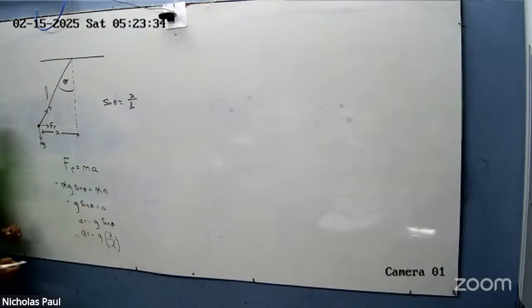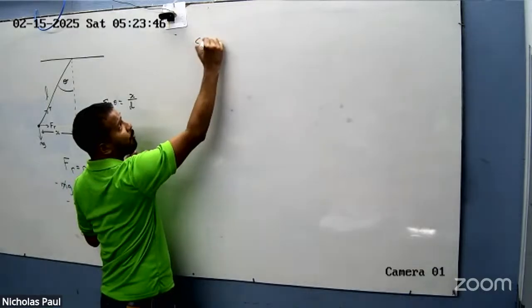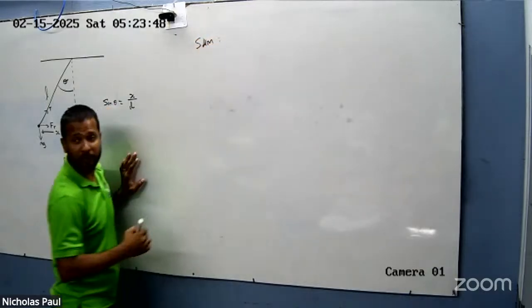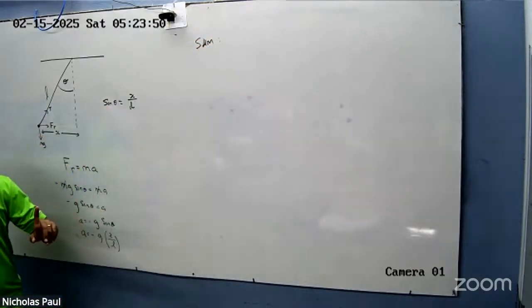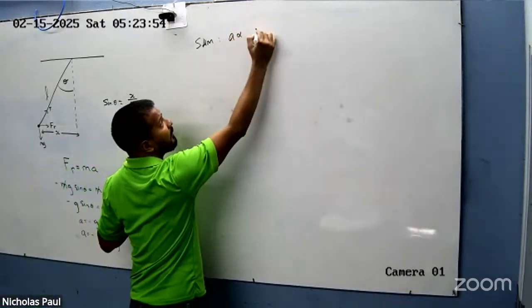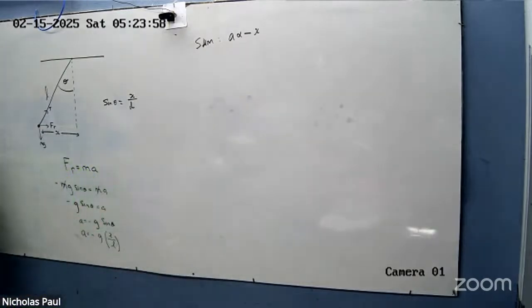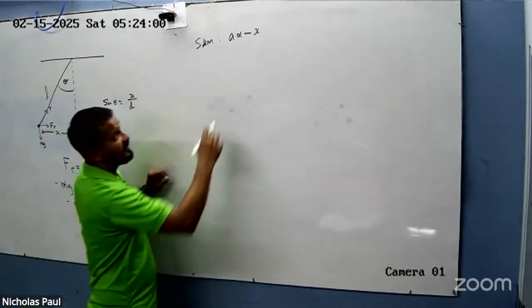What's the objective of this right now? It's in the handout. What's the objective of this whole thing? To get a period. To show that it's moving with simple harmonic motion. And simple harmonic motion means what? The acceleration and displacement take place in opposite directions.